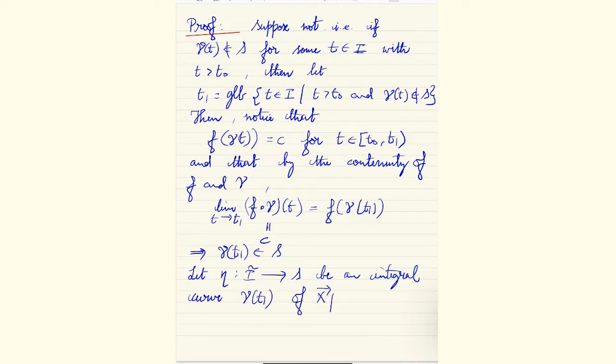You may very well restrict this to S because we know gamma T1 is in S. That is, with eta 0 equal to gamma T1.